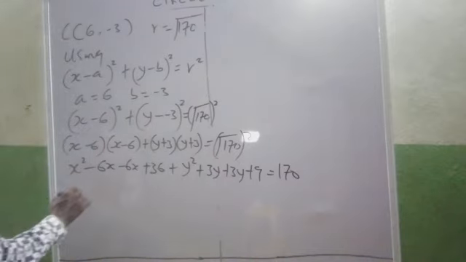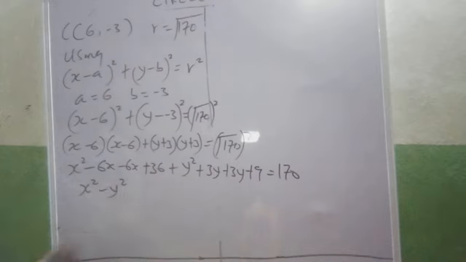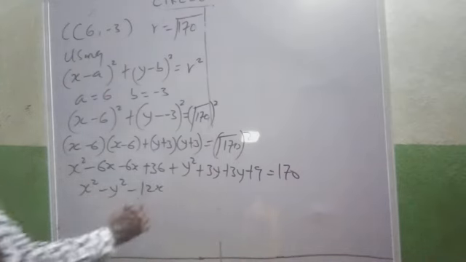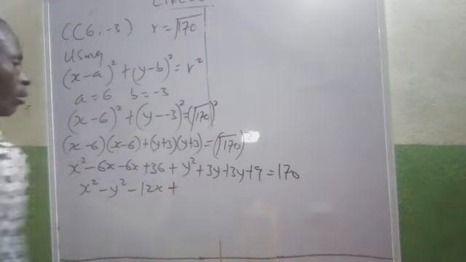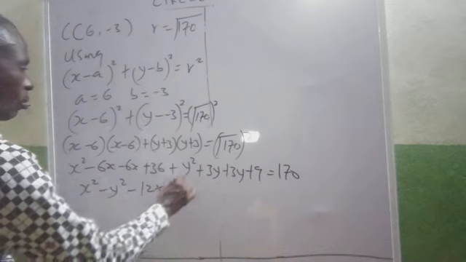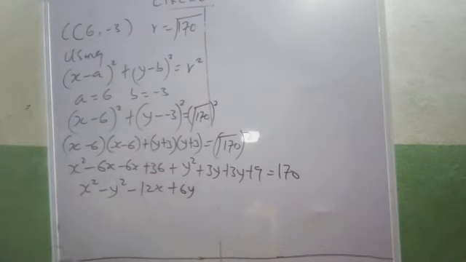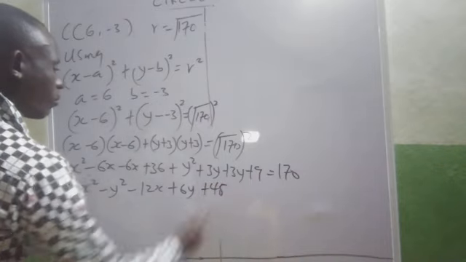So if we bring this together, we have s squared plus y squared minus 12s plus 6y plus 45.